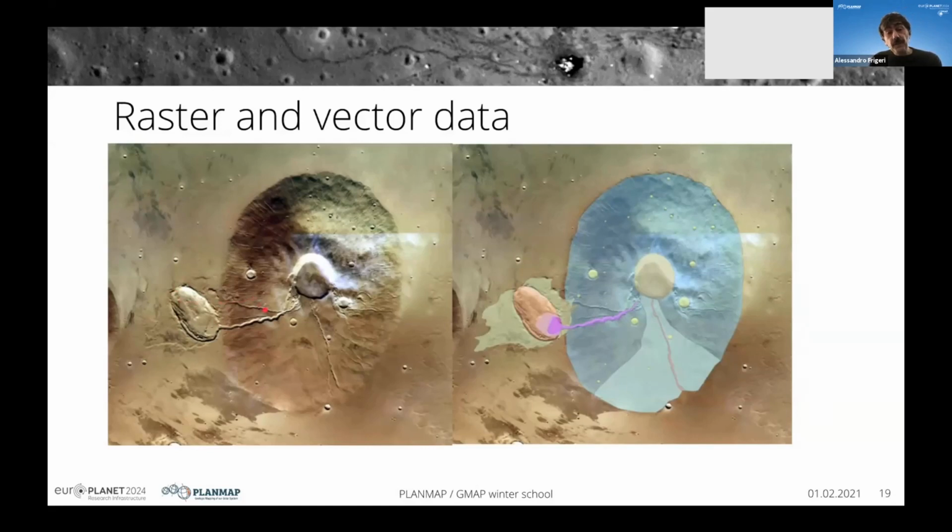And all these features that have been detected by the remote sensing process that Ricardo told us about this morning can be encoded into a vector map, which is the one that you see on the right, superposed on the raster data.